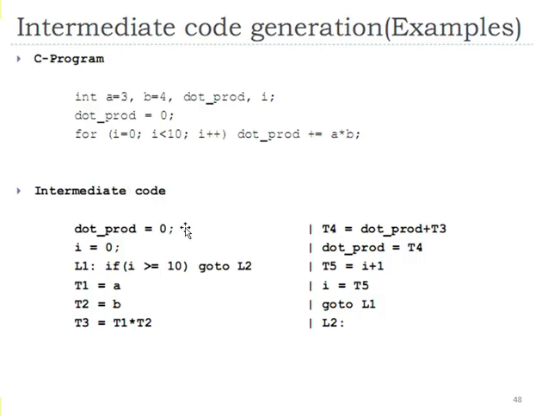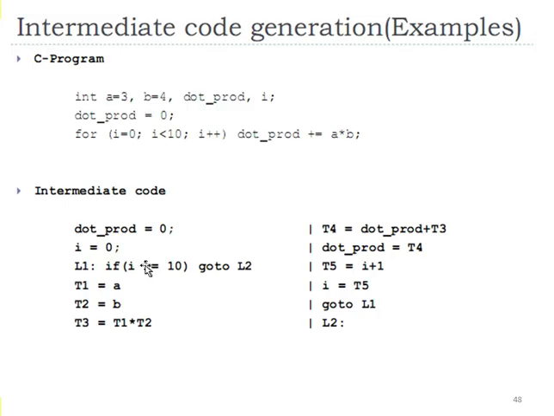So dot prod equal 0 and i equal 0 we can just consider as they are, because the for loop should be converted into conditional jumping and unconditional jumping. We cannot directly write the word for in the intermediate code.